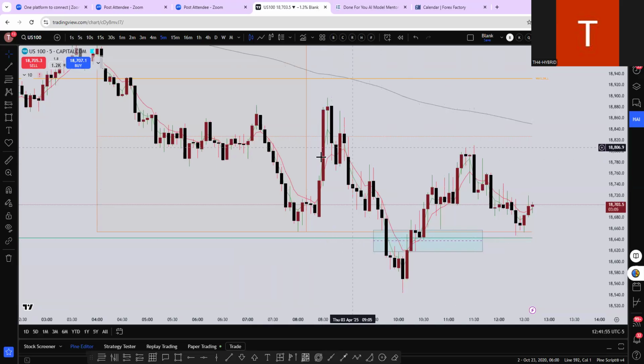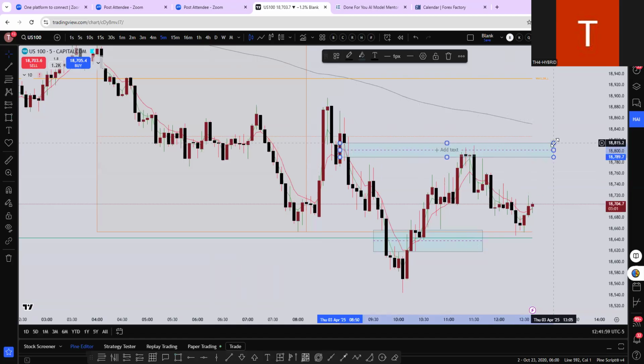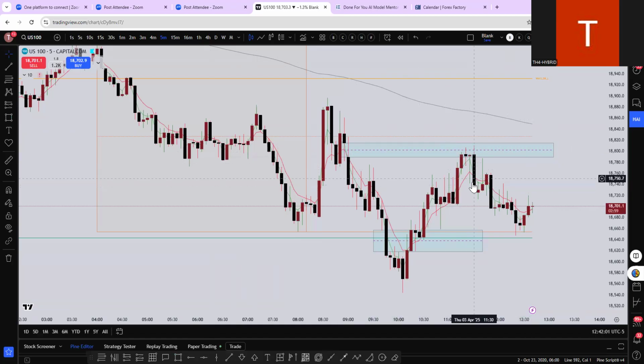But coming off of these directions, we close back below the EMA, failing to close back above it, you can take sell entries there. So you can use this as a guide while you're navigating through fair value.